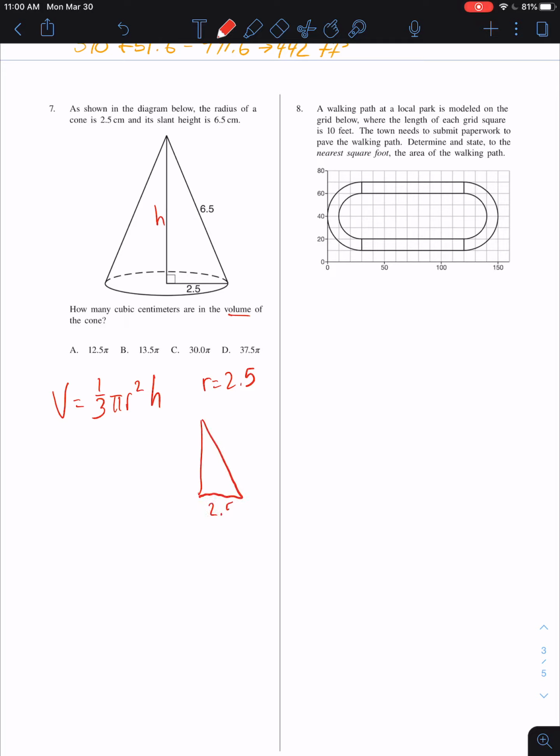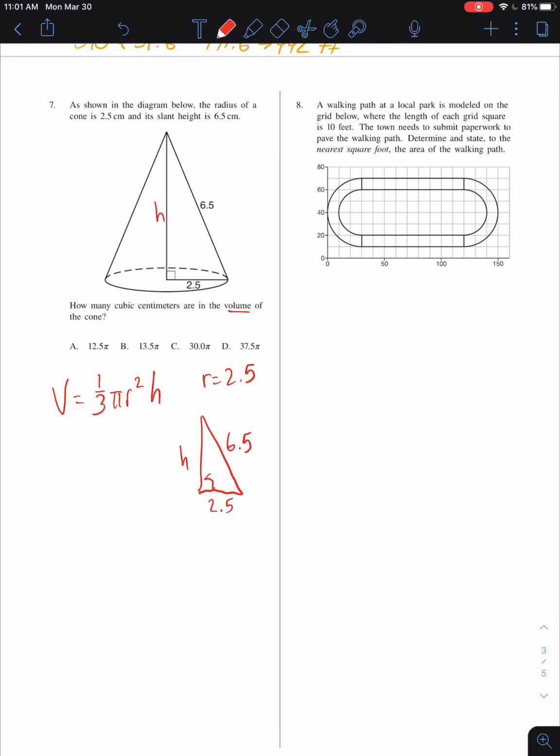I've got a right triangle here. I may not know what h is, but I know what 2 of the other sides of a right triangle are. And so what I can do is use the Pythagorean Theorem to find the h that I need from my formula here. So a squared plus b squared equals c squared.